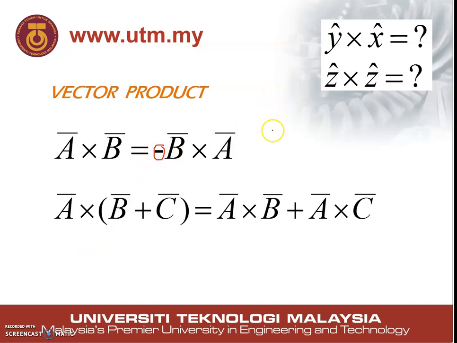For example, A cross B, we will have a vector in this direction, but B cross A, we will have the direction in the opposite direction. Let's say we represent this as C, for example.